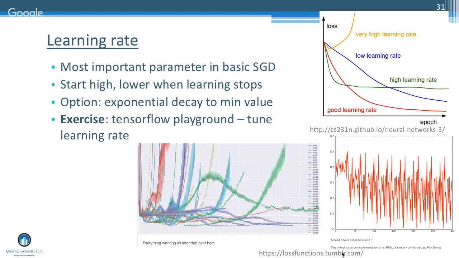That one down the bottom right is also good. It looks like a heart monitor or something for your neural network. A fun place to go look for funny things.